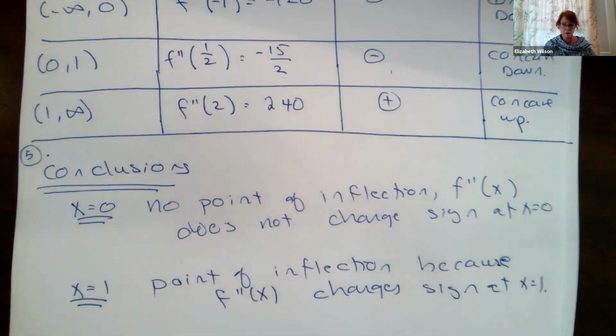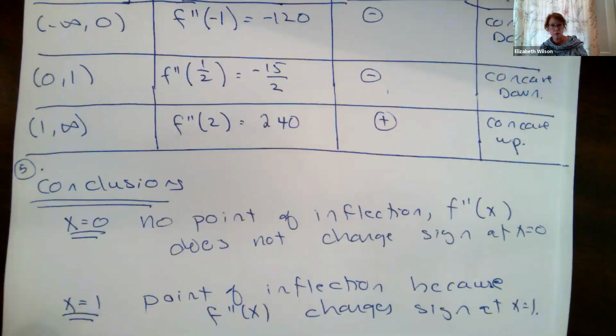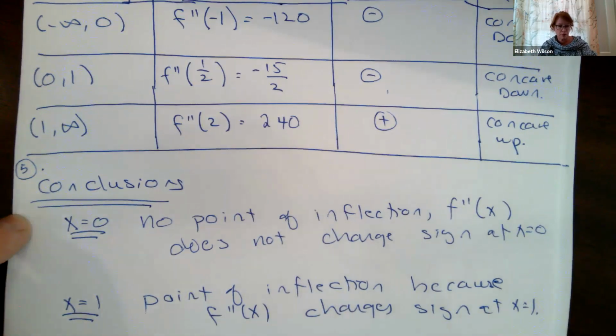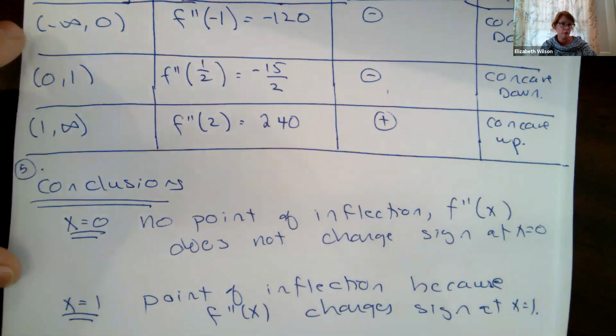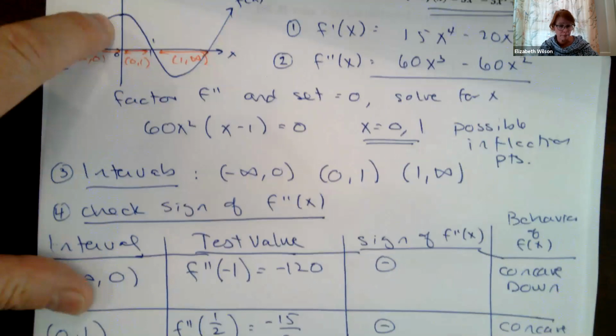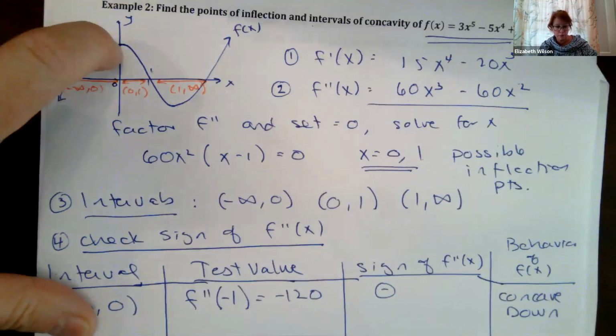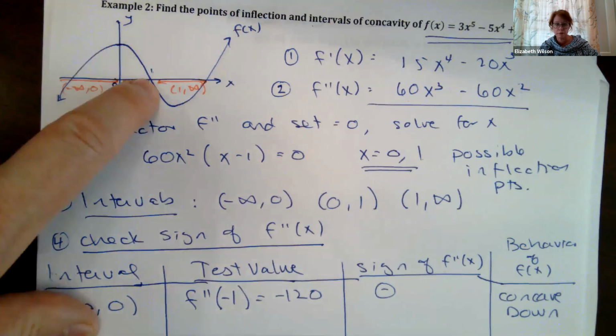So this is your work, and we're using our table to help us make these conclusions about what's happening with our function. We would be doing a first derivative test here too. We would find that this is a local maximum, this is a local minimum, and this is our inflection point.